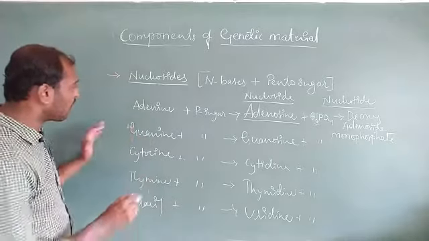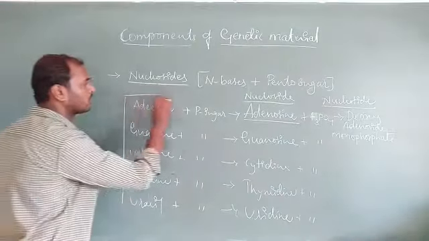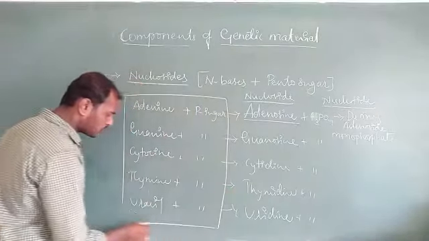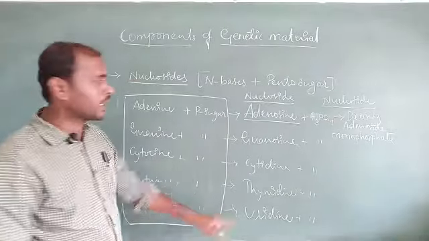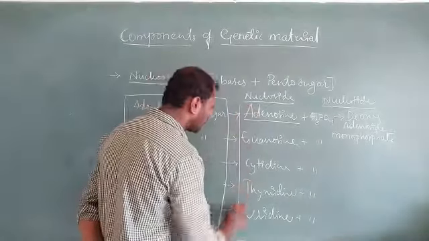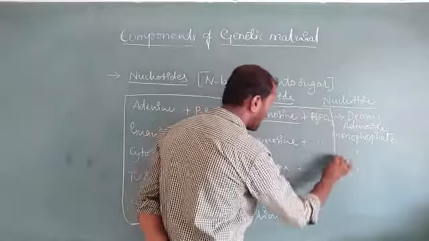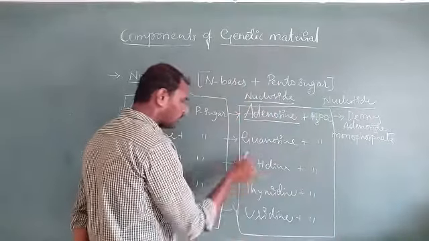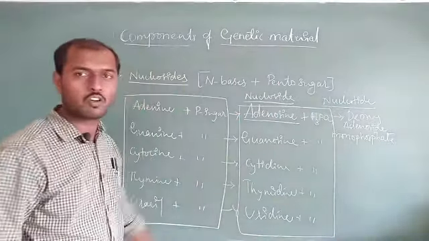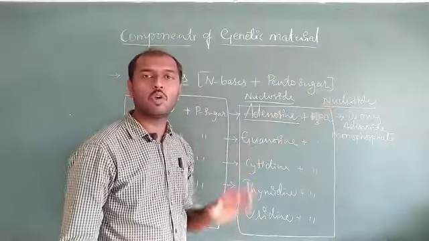So first, the reaction of a nitrogen base with a pentose sugar forms one component. Later, this nucleoside reacts with one more component, the phosphoric acid, and forms one more component. So what is that?